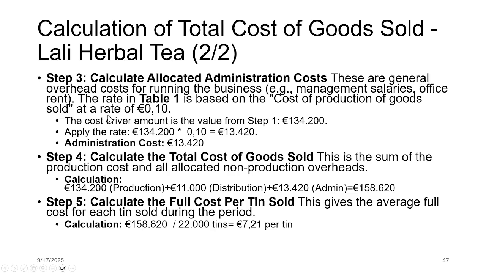So it's a base rate, right? It's not a physical unit driver, but a monetary unit driver. So the cost driver amount is the value of step 1, which is 132.20, and we apply the rate. So we have the administration cost like this. So I hope that is clear for you.